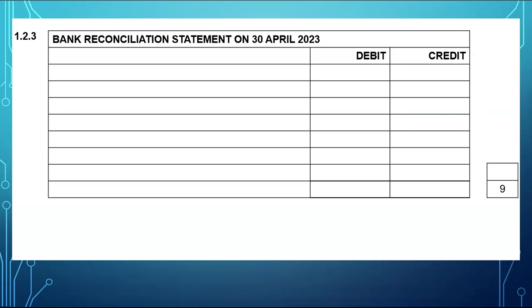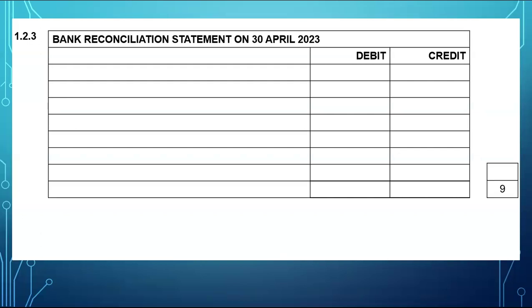So you will compare it to the current bank statement. Any items that were in the previous month's bank reconciliation statements that are in the current month bank statement, we tick them off. Any outstandings, we have to record them in the current month's bank reconciliation statement.